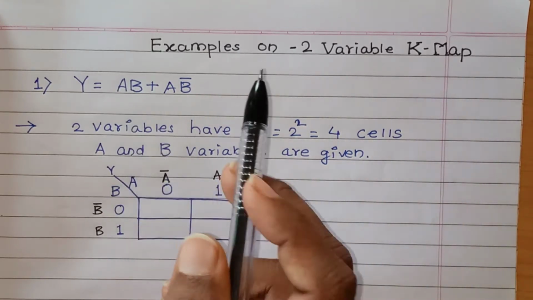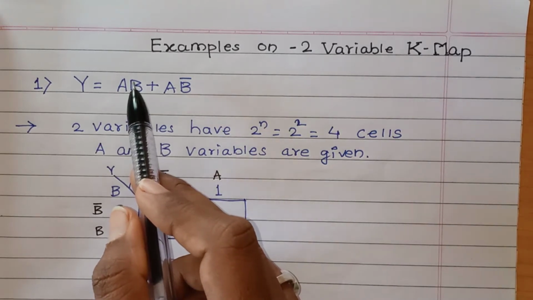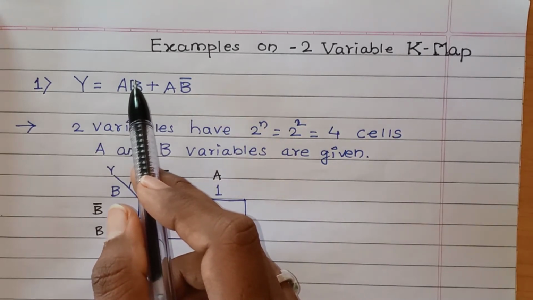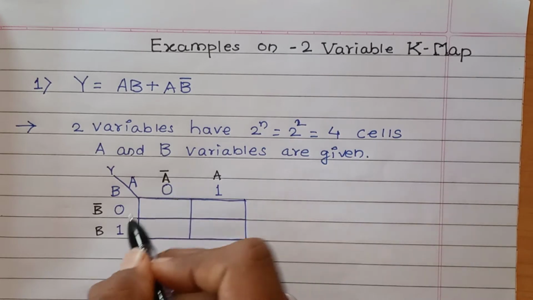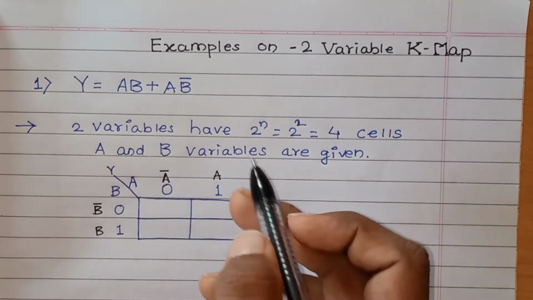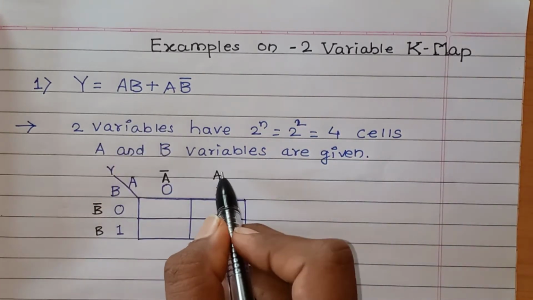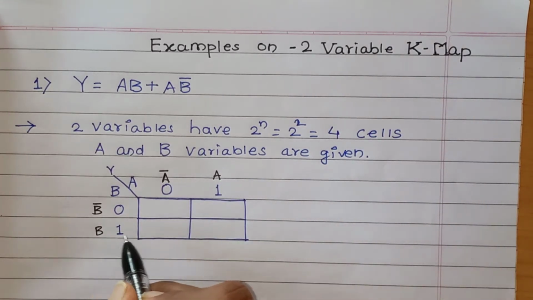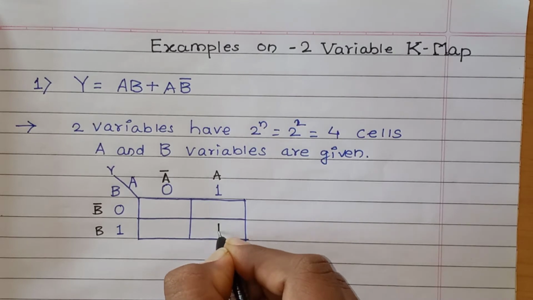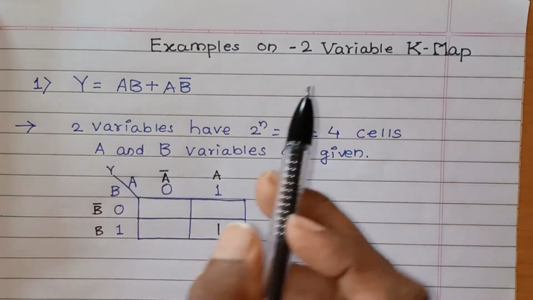Now see, here they have given AB, means the first row of A and the first row of B contains either 0 or 1, means that will depend on you, you can fill those cells with either 1 or 0. So here we are going to fill those cells with 1. A and B is there, so the second column and the second row we will put 1, right?